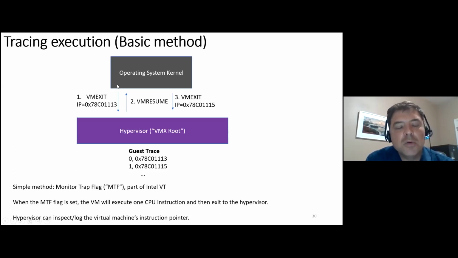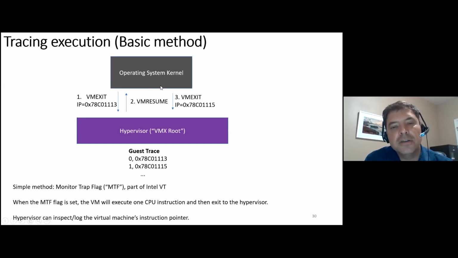A very basic way of doing this with virtualization is something called the MTF flag, or monitor trap flag. Basically, this will single step a virtual machine. With every instruction, control will flow back from the virtual machine down to the hypervisor. Then the hypervisor can start taking notes about where it got to in that virtual machine, and it can create a log. Then it can say, okay, go run another instruction.